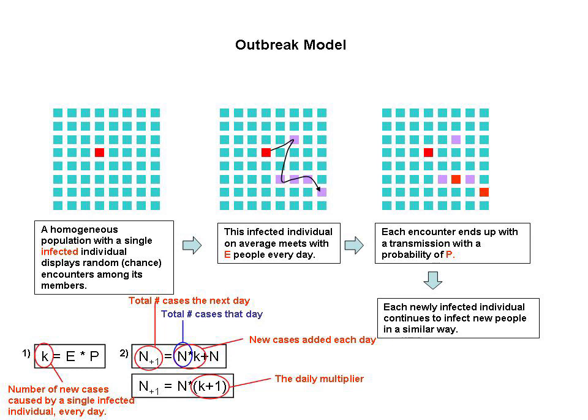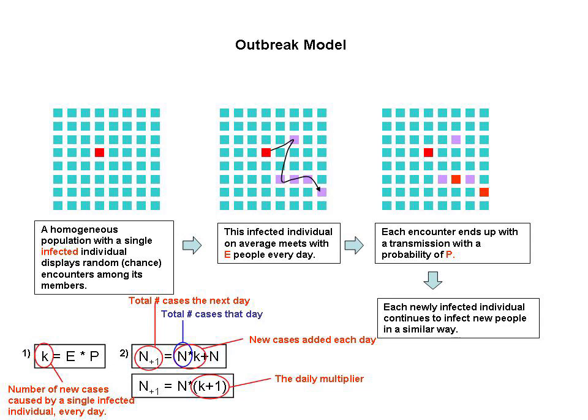To remind us, n plus 1 is the total number of cases the next day. N is the total number of cases that day. N times k is the new cases added on top of the already existing cases. And k plus 1 is called the daily multiplier.